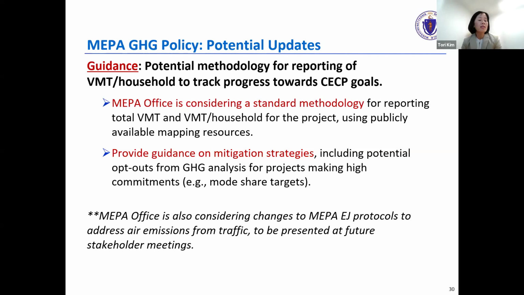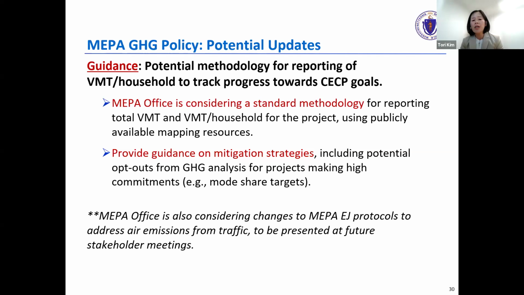Here, we are considering a standard methodology where there would be a reporting of the total VMT for the entire project, and then a per household measure, which would depend on the specific county that the project is proposed.